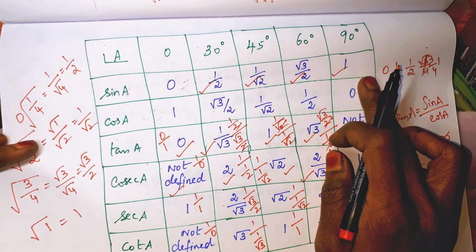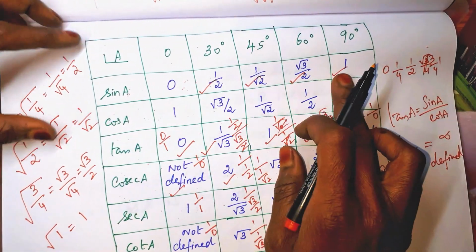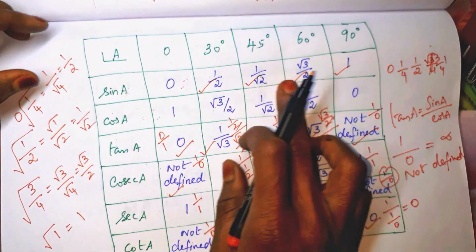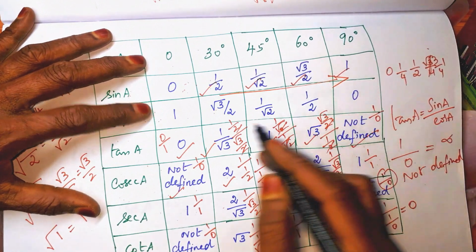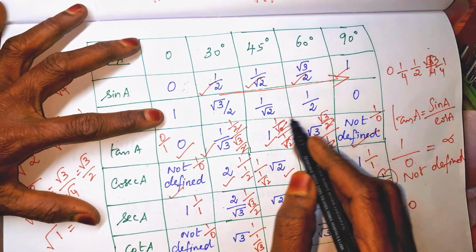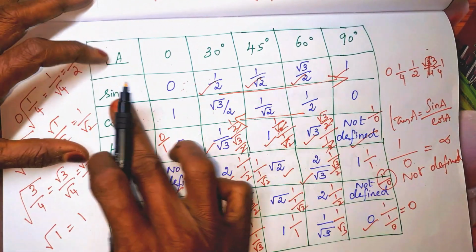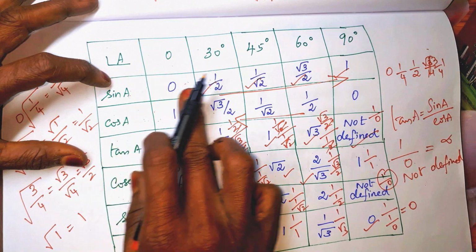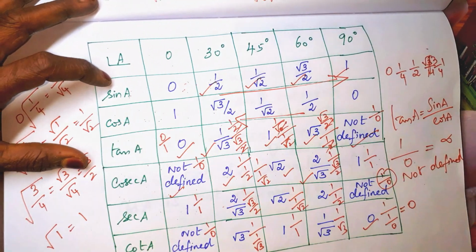Yes, it is increasing. From 0 it keeps on increasing up to 1, so it is in increasing order. See cos: from 1, it is decreasing from 1 to 0. So sine A increases from 0 to 1, and cos A decreases from 1 to 0.